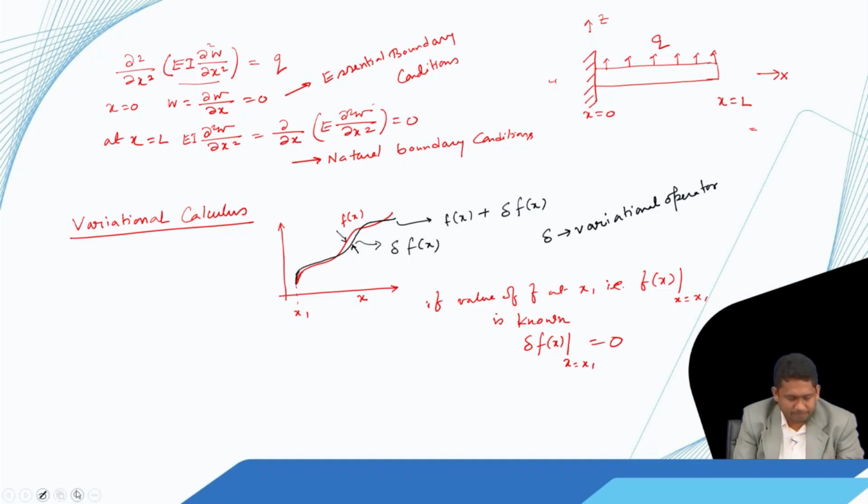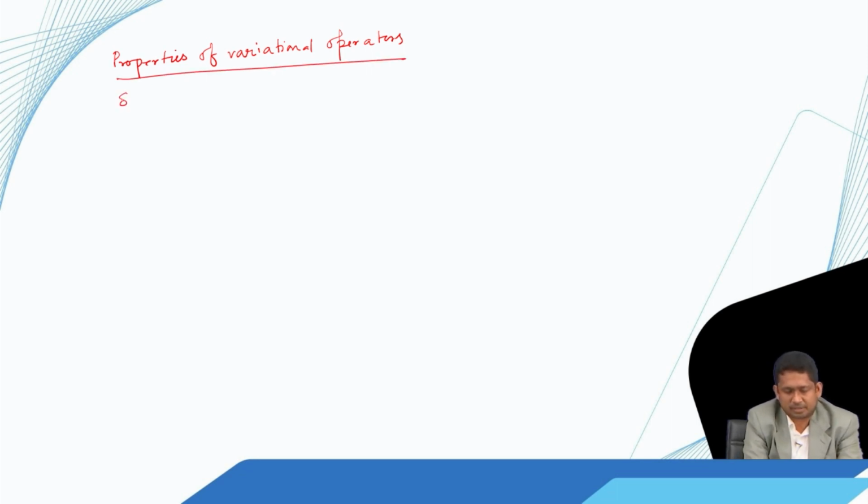Now, this variational operator has some properties. First of all, if I have two functions f and g, and then if I take their variation and add it up, that is equal to taking the variation of f plus g.